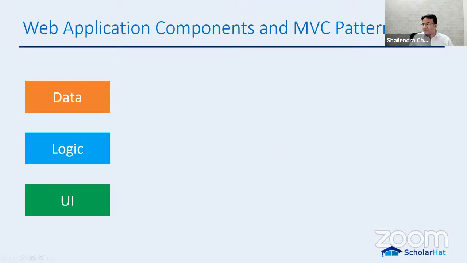If you look at this picture, we have the data, we have the logic, and we have the UI. These three are the main components of building a web application. And it does not matter whether you are using Java, .NET, PHP, everywhere you have to manage these three things. Then we have data, how we hold the data.